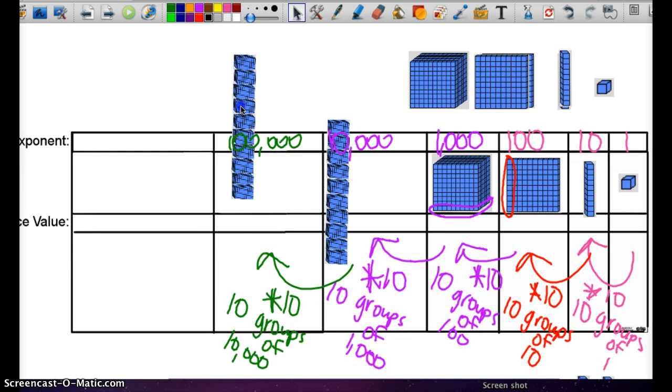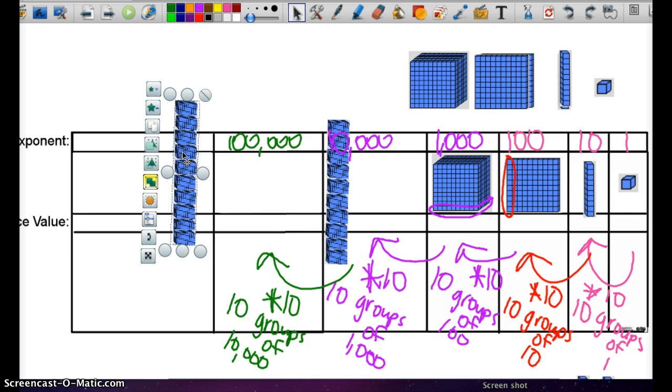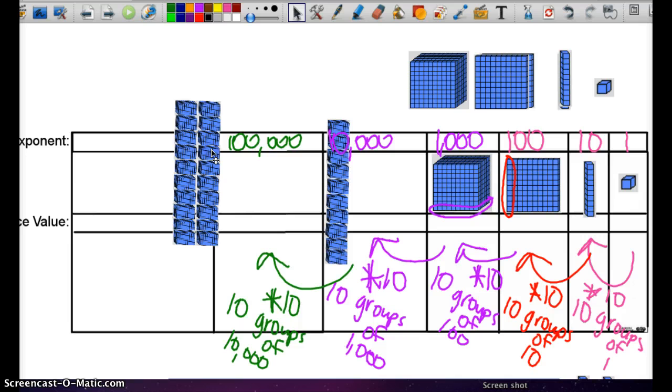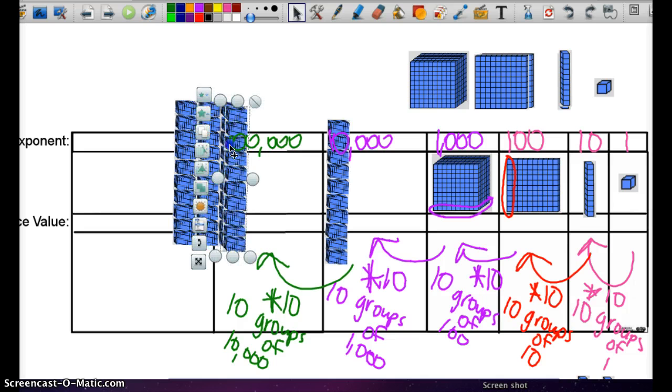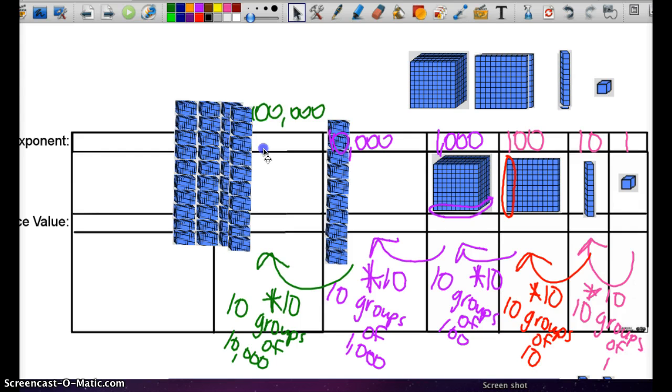Here's your one group of 10,000. You need 10 of these. Here's my second group of 10,000. Here is my third group. My fourth group of 10,000.